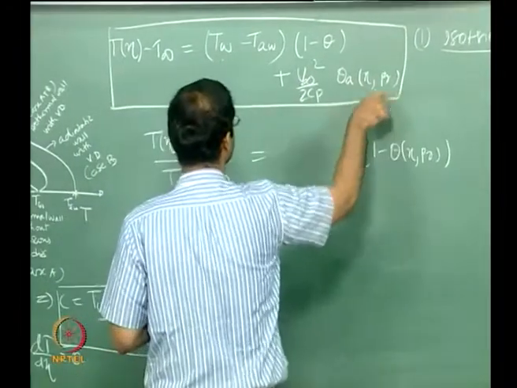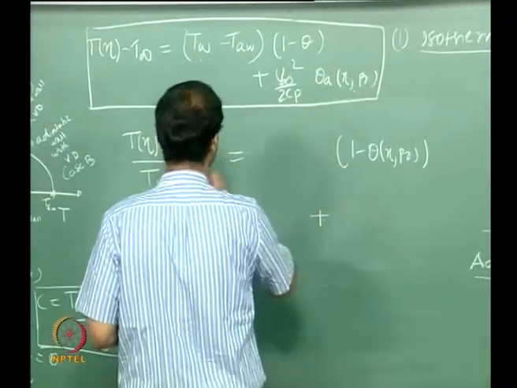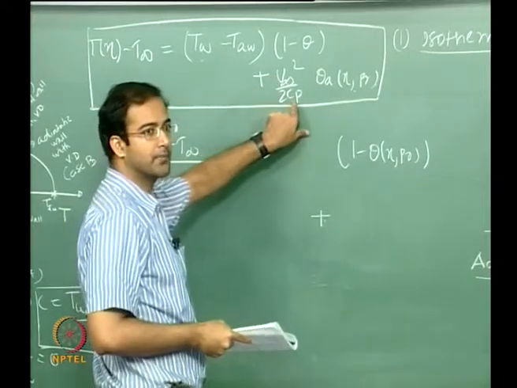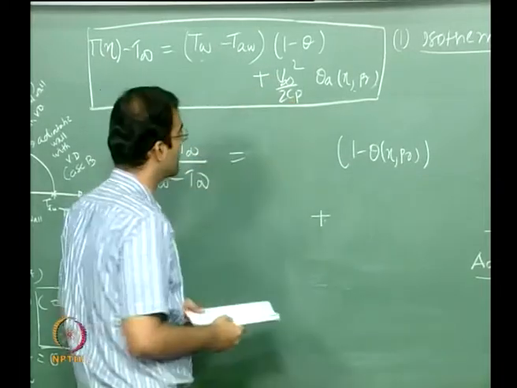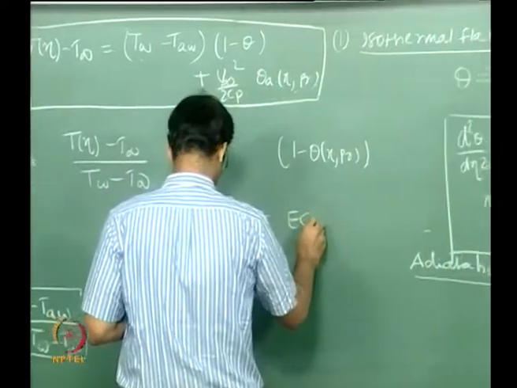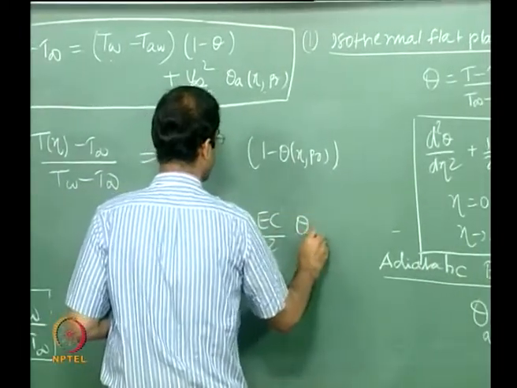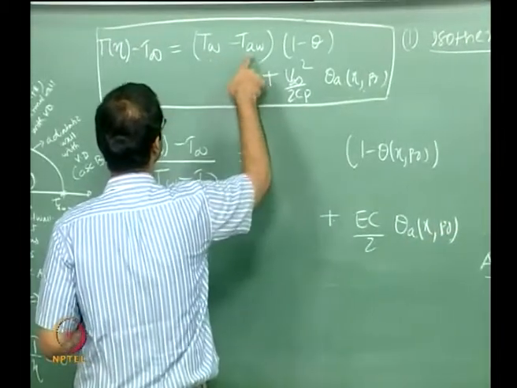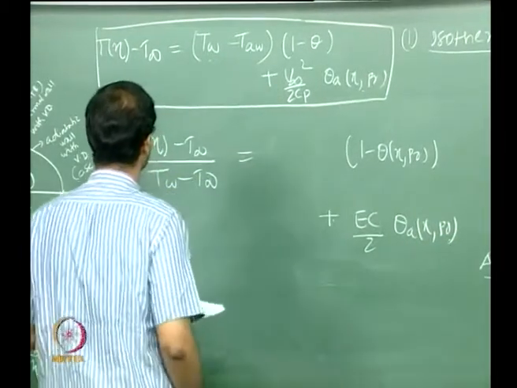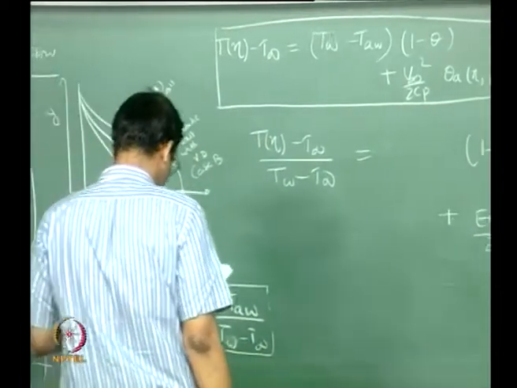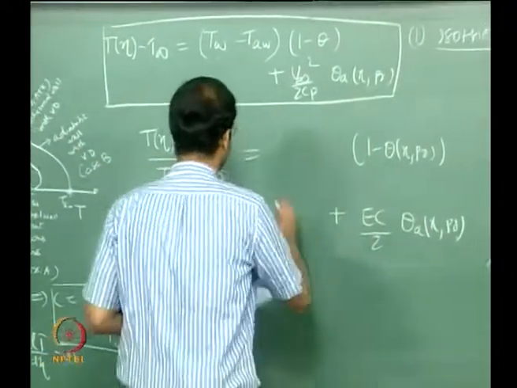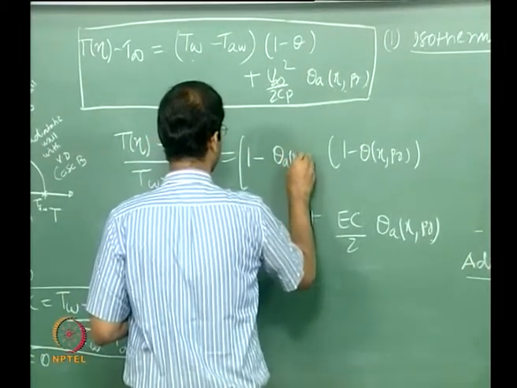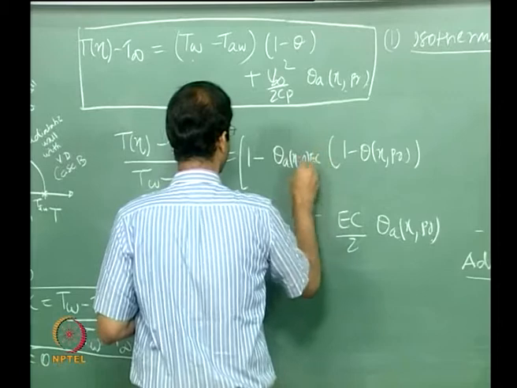Now if I divide it by T wall minus T infinity, u infinity square by Cp into T wall minus T infinity is the Eckert number. So Eckert number by 2 into theta a. Now coming to the part T wall minus T adiabatic wall by T wall minus T infinity, that can be written as, you can just check, 1 minus theta a at eta equal to 0 into Eckert number by 2.